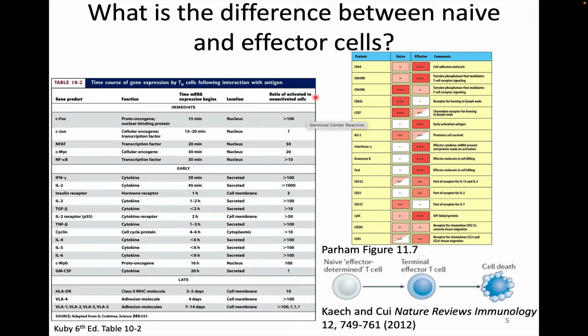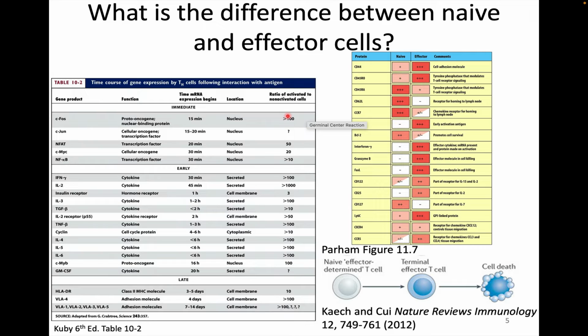The idea that this is trying to show you is that there are certain genes that are made very strongly and at very high levels in effector cells that were not being made in naive cells. So for example, we can see that FOS, remember that was one of our transcription factors that was part of AP1, is made more than 100 times more in activated cells compared to non-activated cells.